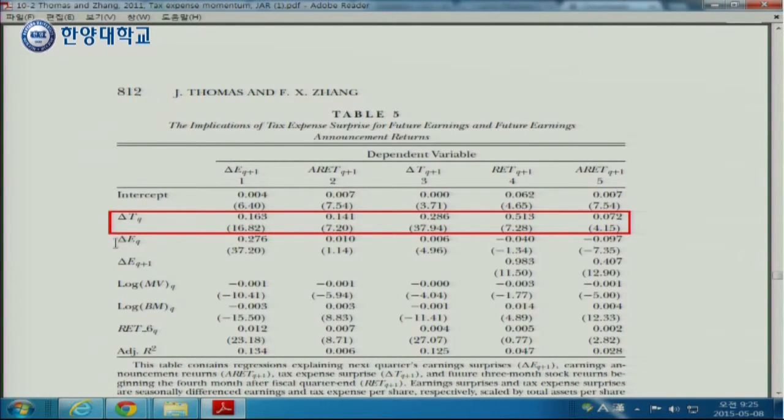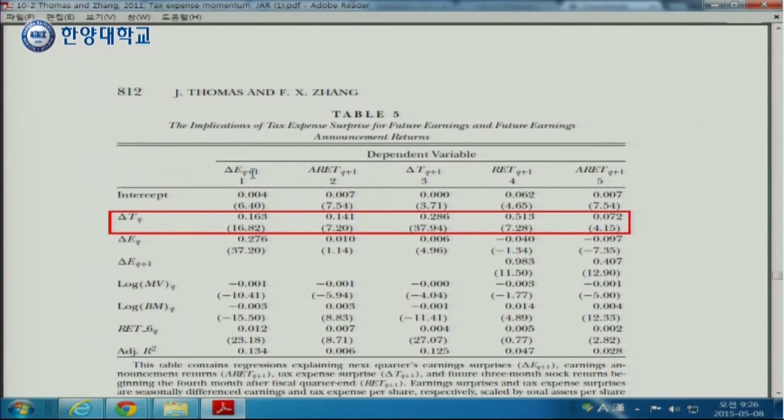Another interesting part is that today's earnings surprise can predict, actually the coefficient is larger, it is 0.16 and 0.27. So today's earnings surprise can predict next quarter's earnings surprise. So there is a serial correlation between earnings surprises.